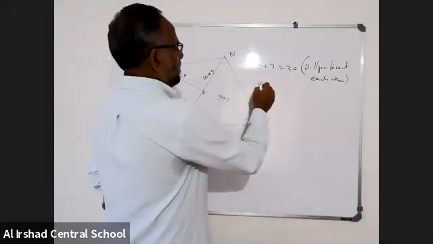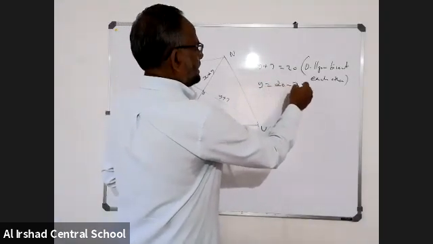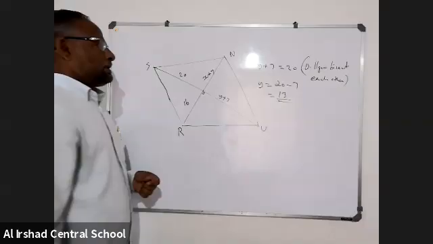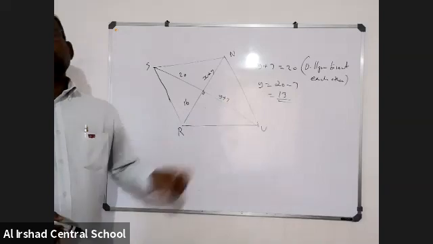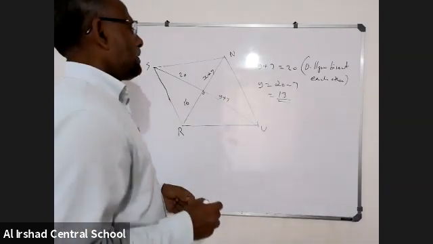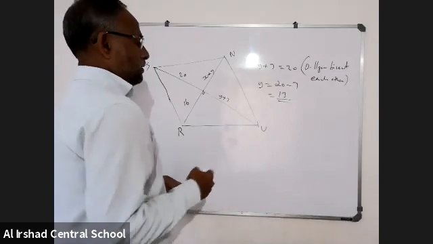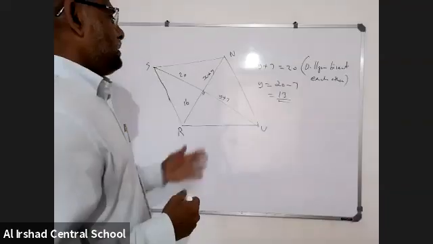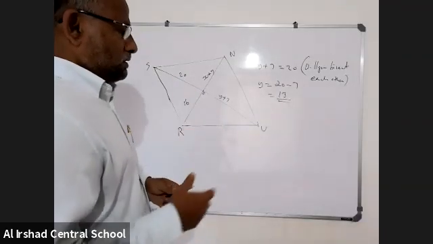That means Y is equal to 20 minus 7, that is 13. Actually, this is a linear equation in two variables. You will study that later, next class. Till now you have studied linear equations in one variable only. Anyway, here we can do it using your logical side only.